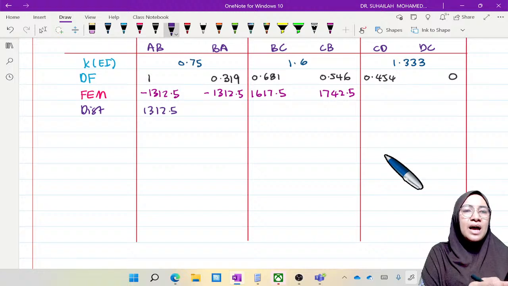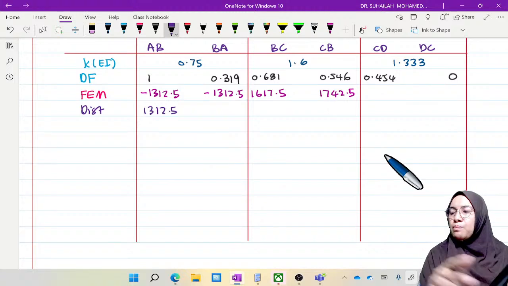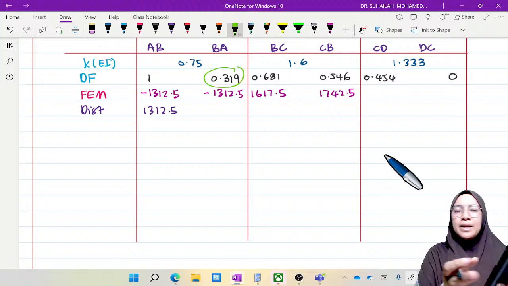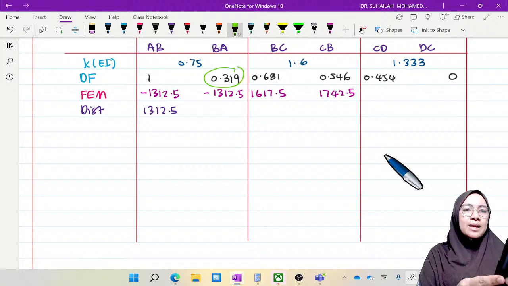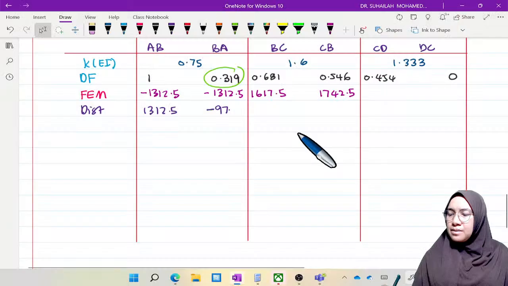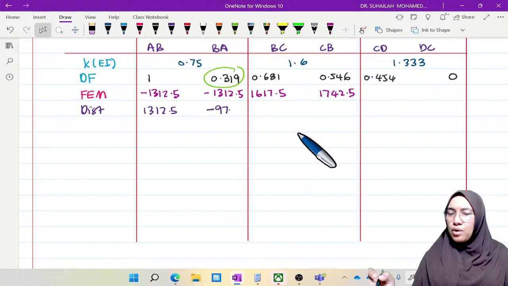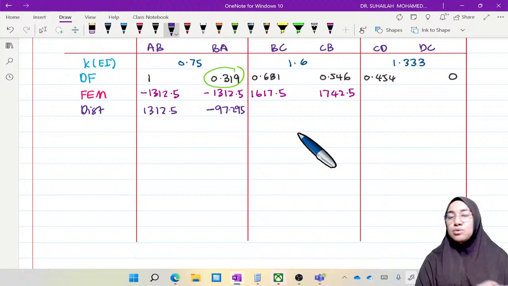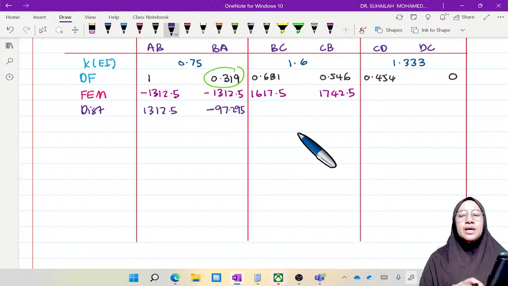We need to multiply by the distribution factor 0.319. So it is negative 97.295.